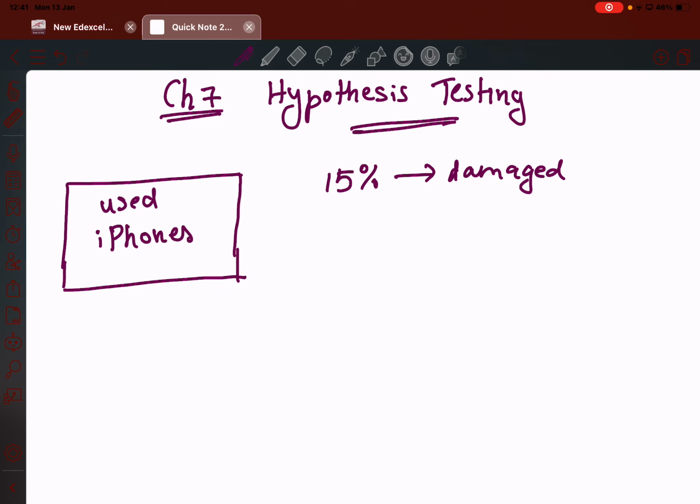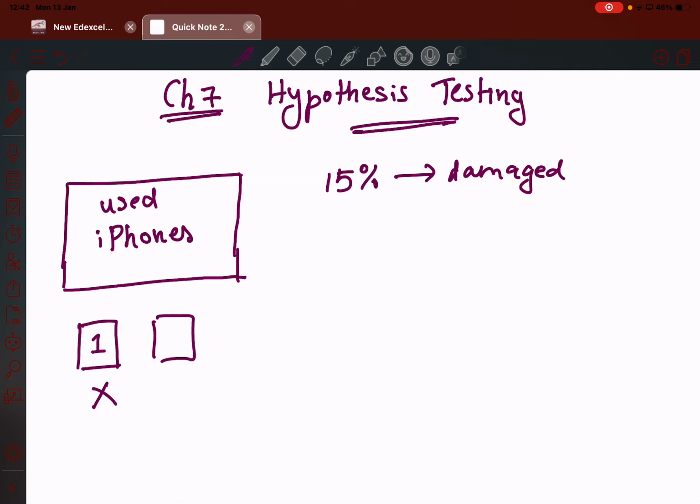But you want to make sure whether he is lying or whether it really is 15%. So what you would do is take a sample. How many iPhones do you want to pick? 100? Okay, let's just do 15. So you pick 15 iPhones. You take the first one, that is malfunctioning. That's number one.